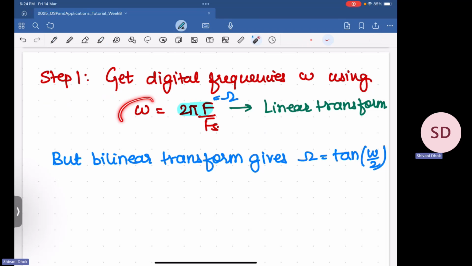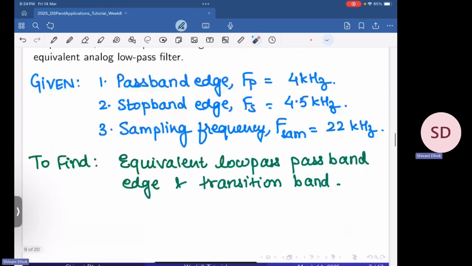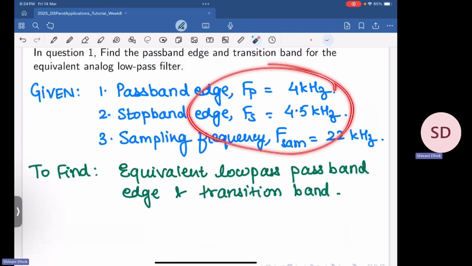In reality, this little omega is related in a linear fashion to the analog frequency, but my bilinear transform gives me omega as tan of omega by 2. So if we design our analog filter directly based on the given specifications, we may land in some sort of issues, and this is known as the pre-warping effect in digital filter design.